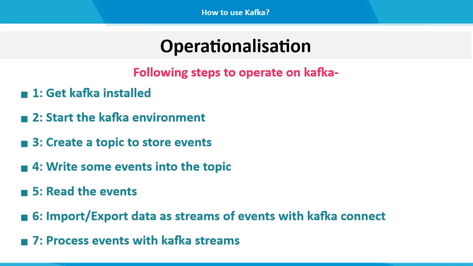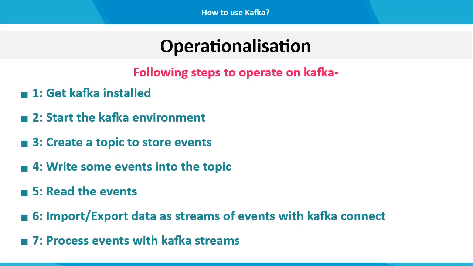How to use Kafka? There are the following steps. First, get Kafka installed as per your operating system like Windows or Linux. Second step is to start the Kafka environment, run the Kafka server and Zookeeper server. Step 3, create a topic to store events. Fourth step is to write some events into the topic.